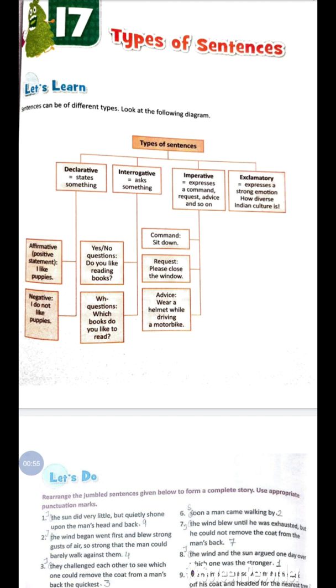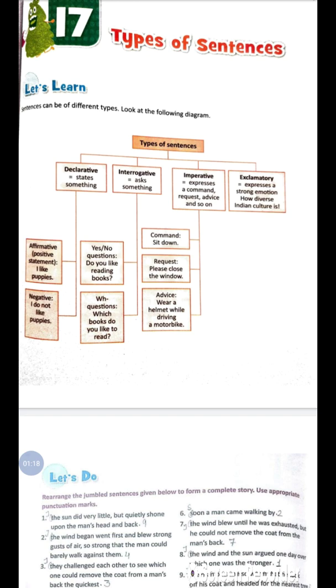This is an example. Now, in declarative sentences, there are 2 parts, the affirmative, also called positive statement, and negative. For example, I like puppies is a positive statement, and negative, I don't like puppies.